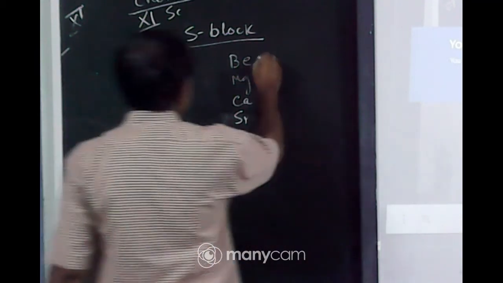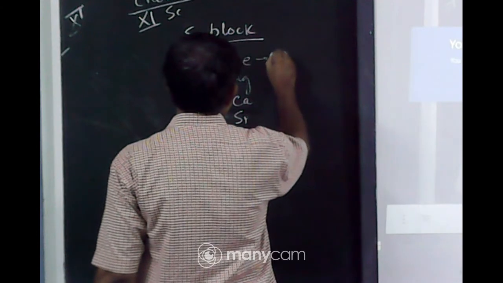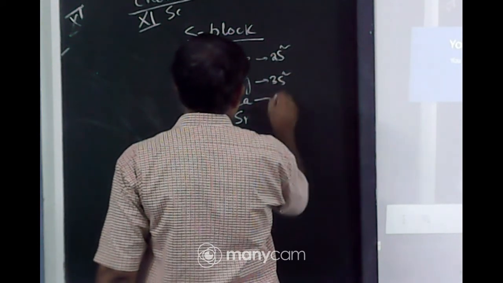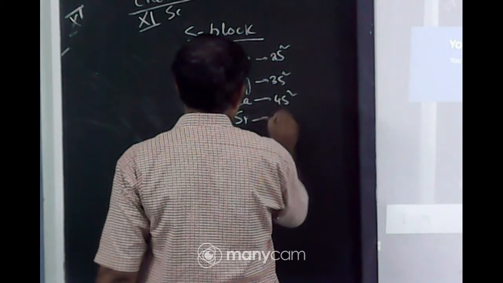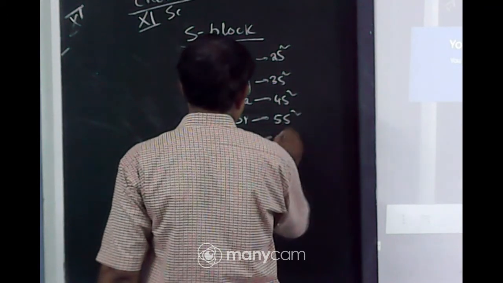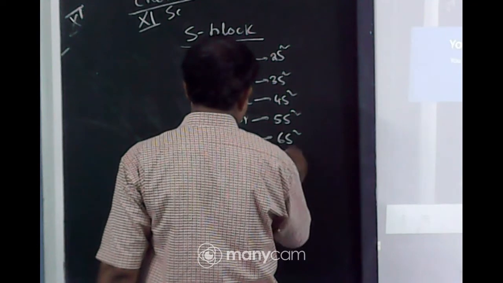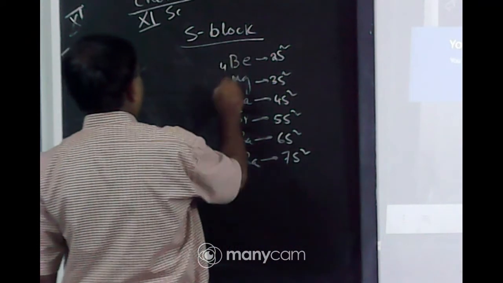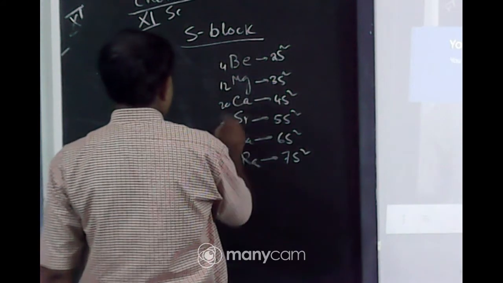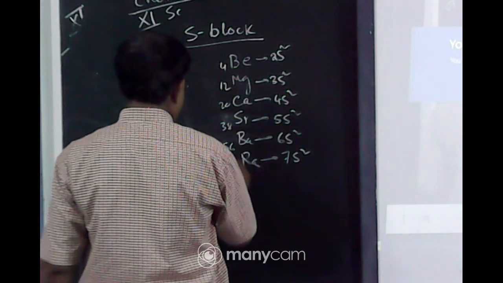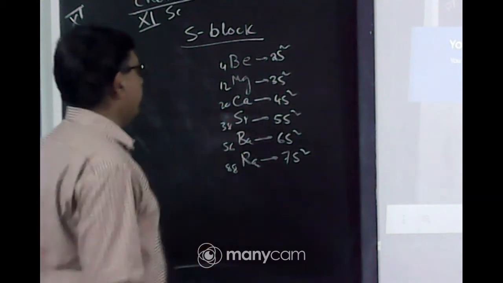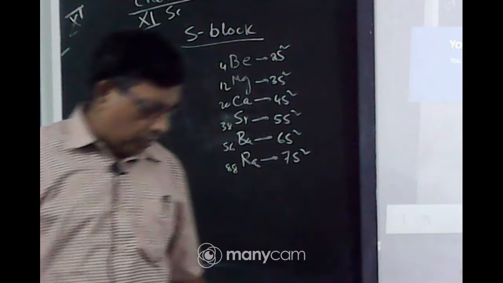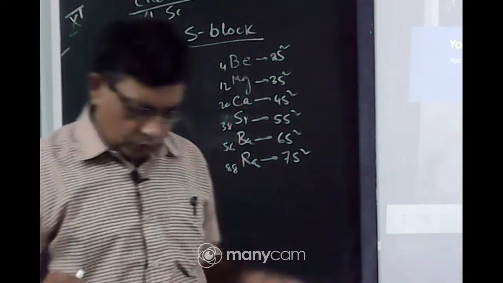Their electronic configuration is ns2: beryllium 2s2, magnesium 3s2, calcium 4s2, strontium 5s2, barium 6s2, radium 7s2. Atomic numbers are 4, 12, 20, 38, 56, 88. So the general electronic configuration of alkaline earth metals is ns2.